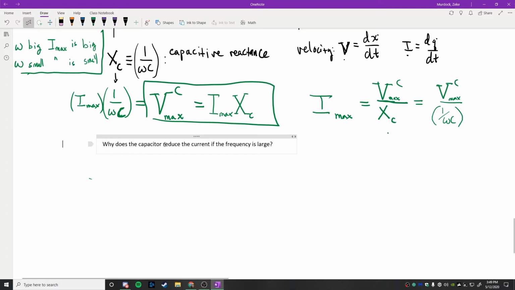Or sorry, I should put it this way: why is the current large? There we go. Higher frequency means that the capacitor has more opportunity to put current in the system.